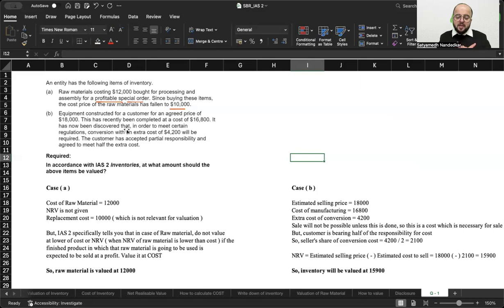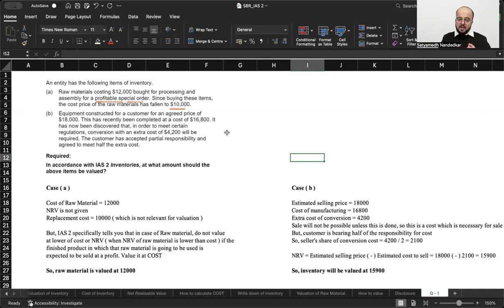The customer has accepted partial responsibility and has agreed to meet half the cost. We are talking about the final product here. Inventory is valued at lower of cost or net realizable value. What is the cost? Cost is 16,800 because it is very clearly given to you.